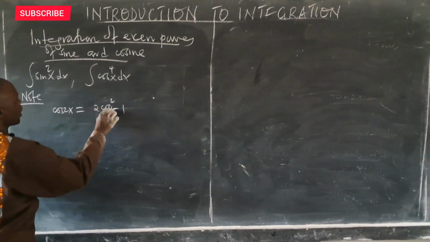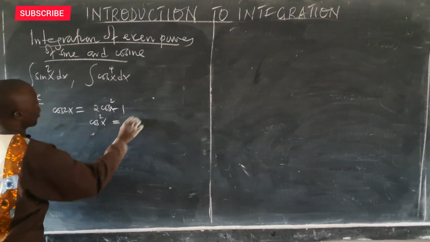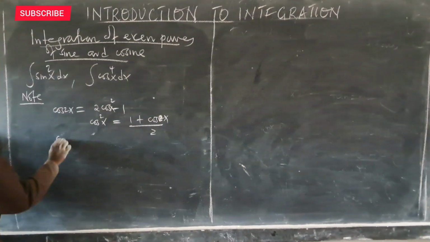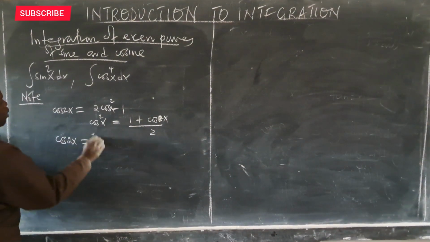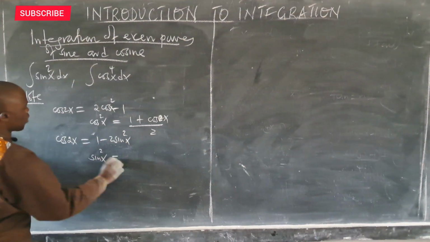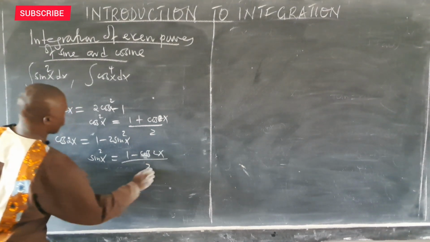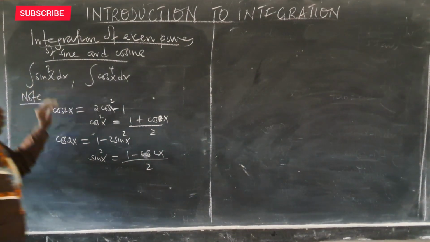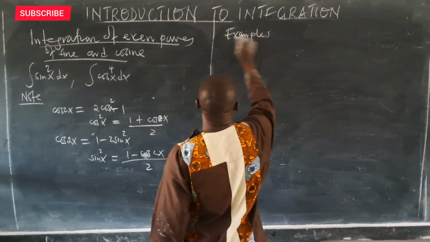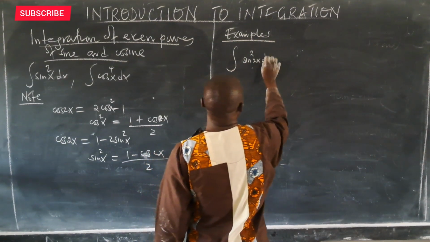So making cos squared the subject, you get cos squared x is equal to 1 plus cos 2x out of 2. We can also expand it in sine, it becomes 1 minus 2 sine squared x. So if you make sine squared the subject, it becomes 1 minus cos 2x out of 2. So let's try to tackle one of these. So maybe I'm expanding sine squared 2x dx.